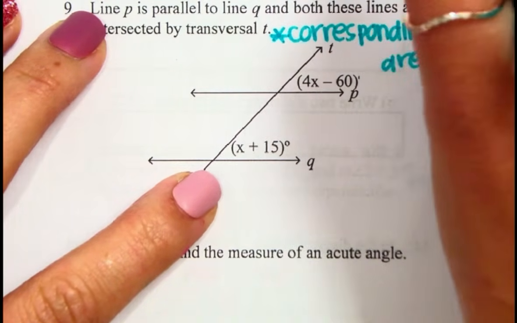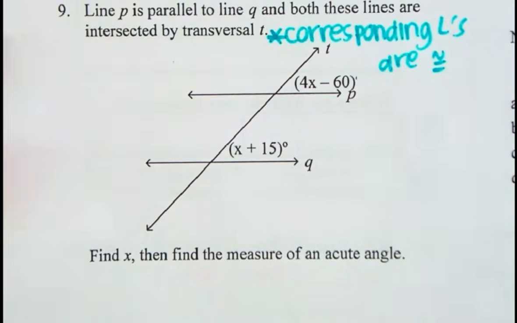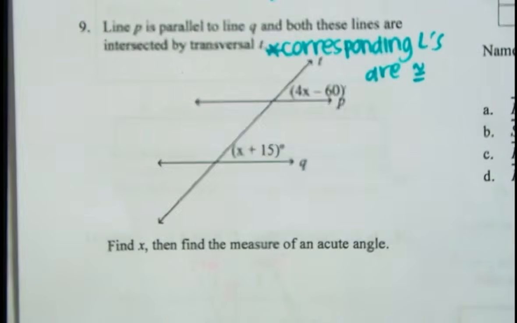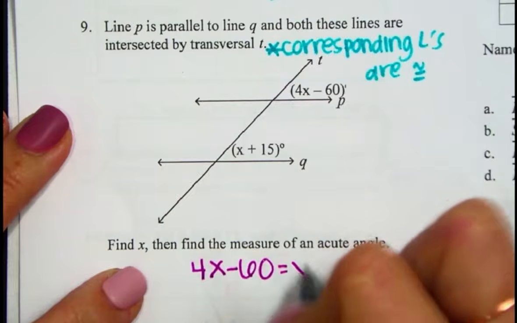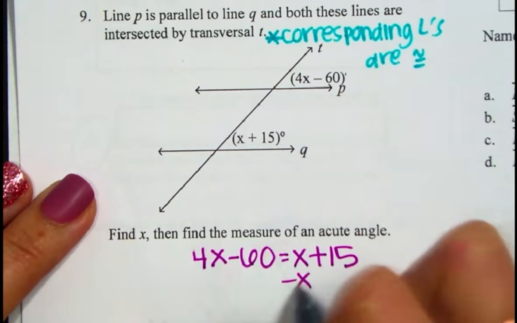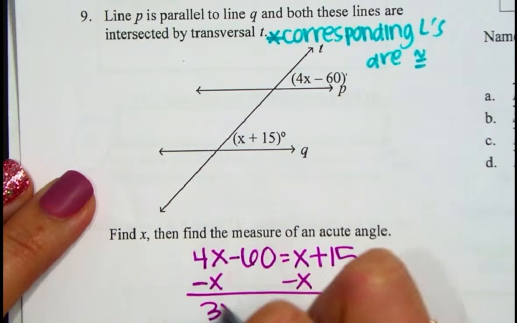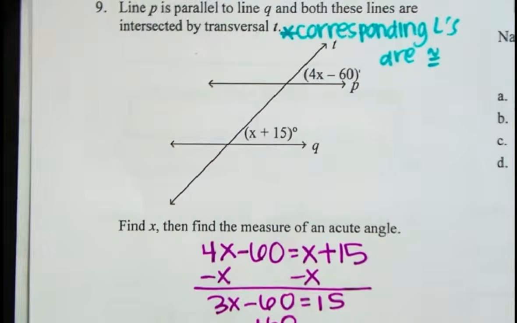So when we set up the equation, we're setting these angle measures equal to each other. So my equation will be, to solve for x, 4x minus 60 is equal to x plus 15. So to solve for x, we're going to move all the x's together and then the constants together using our inverse operations.